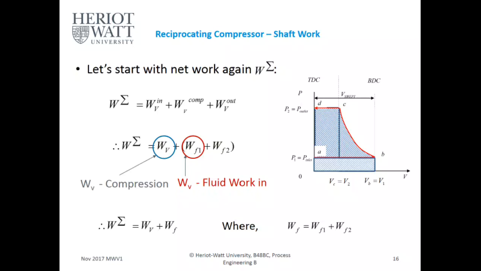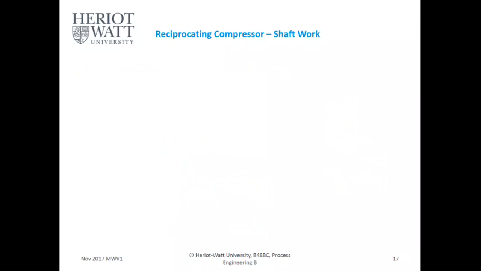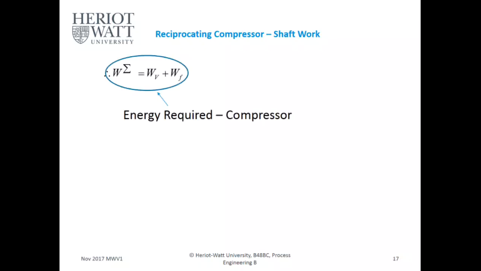And don't worry if you're not fully following this. We'll go over it in the tutorial so you can understand a little better. So the fluid work again, as I mentioned. Let's start with that again. This is the total amount of energy required to operate the compressor, right?